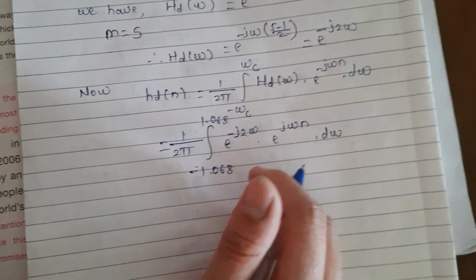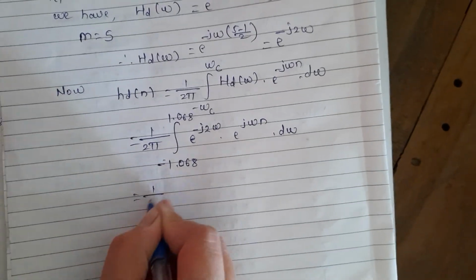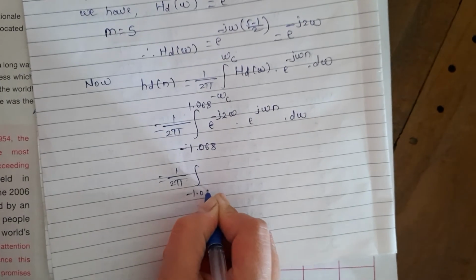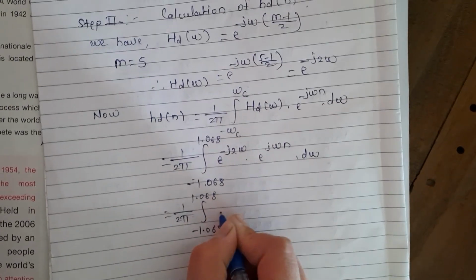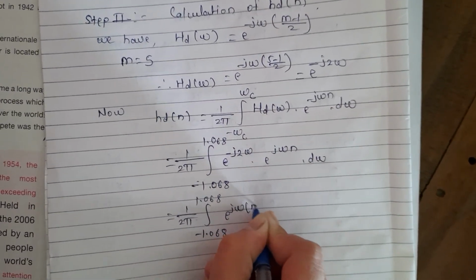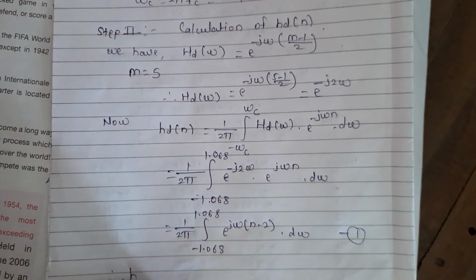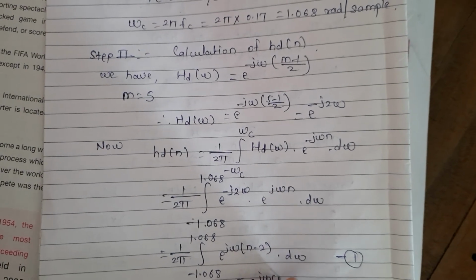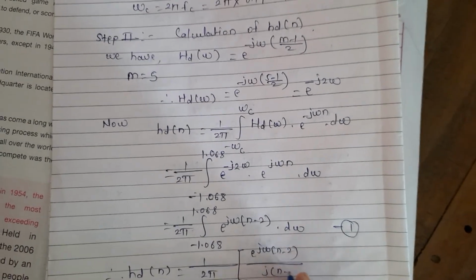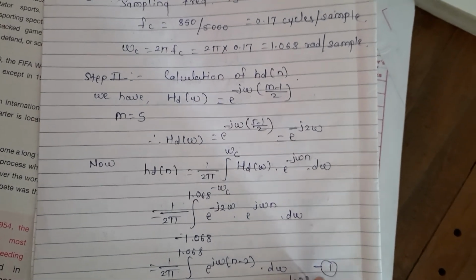So we can write this equation as 1 by 2 pi, minus 1.068 to 1.068, e raised to j omega common, n minus 2 d omega. This is equation 1. So HD of n is equal to 1 by 2 pi, e raised to j omega into n minus 2, over j into n minus 2, with integration limits minus 1.068 to 1.068.